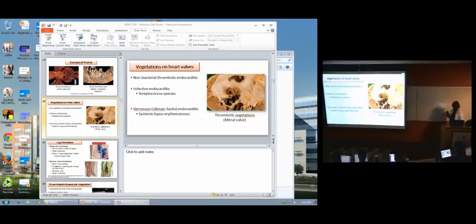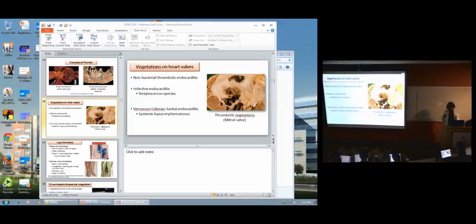When it comes to the heart valves, a lot of the thrombi tend to form on the valves themselves. And on the valves, you can have two types. You have the non-bacterial thrombotic endocarditis.